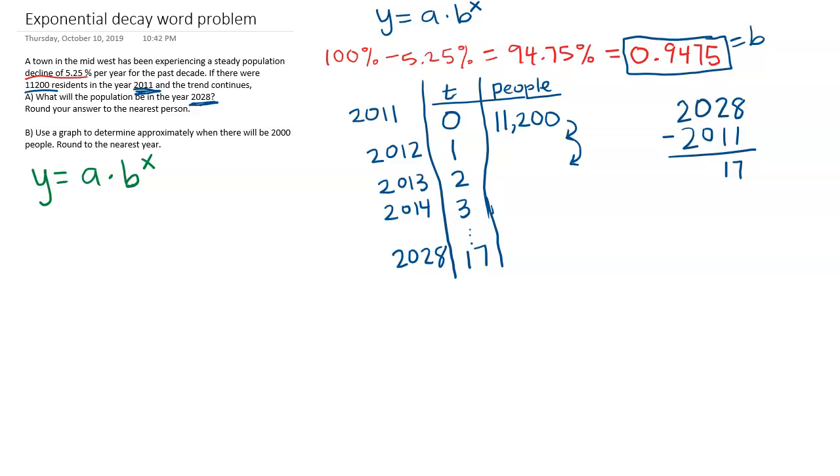So let's go ahead and put that into the equation. So we know we have y equals, in place of a, we'll put 11,200 times our b, which is 0.9475, all raised to the x power.